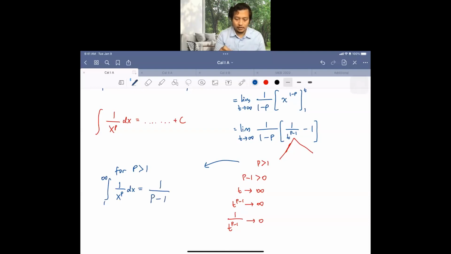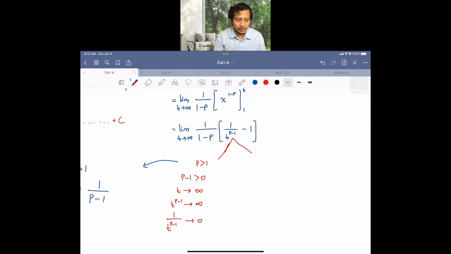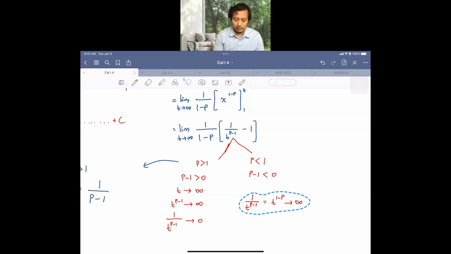And then the second path that we can have is if we have p less than 1. So t to the 1 minus p is getting infinity as t gets to infinity.